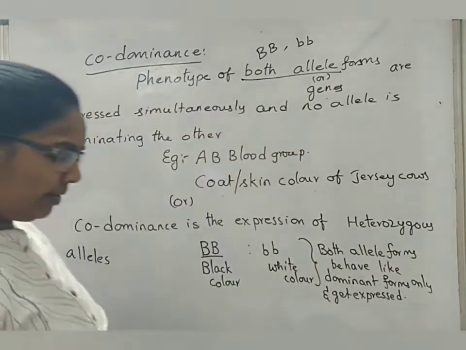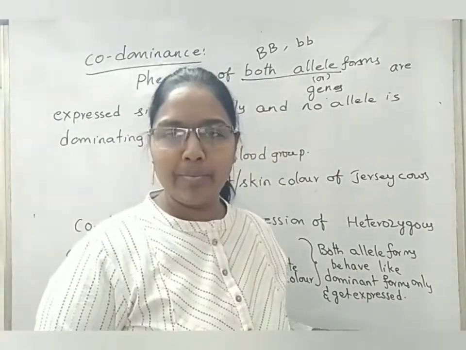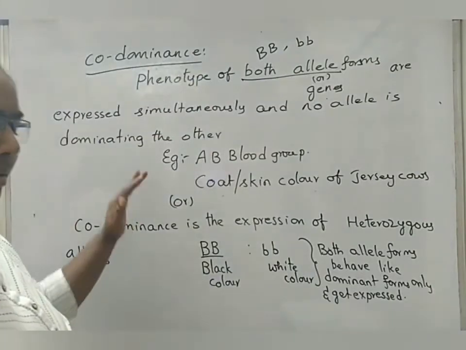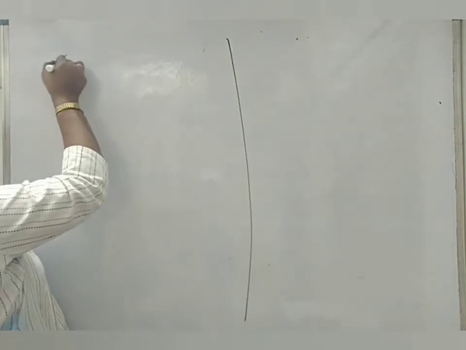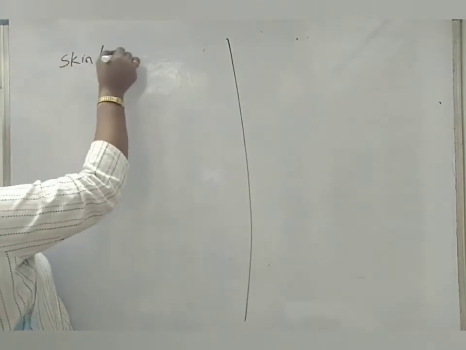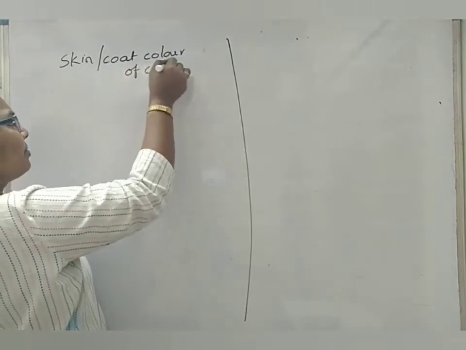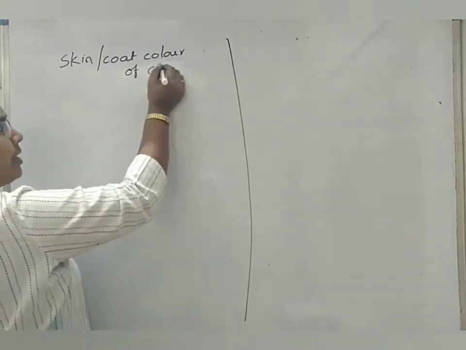Now, we will learn this example, coat or skin color of cattle, and also AB blood groups separately, by taking a Punnett square and representation. The first example is skin or coat color of Jersey cows.